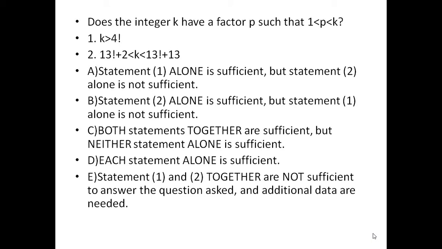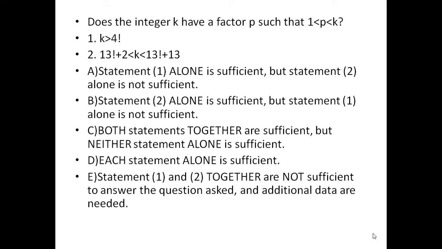So what this question is indirectly asking is, can k be a prime number? If it is prime, it won't have any factor other than 1 and itself, so there will be no factor p. And if it's not prime, it will have a factor p between 1 and k. Now these are the two conditions that are given.